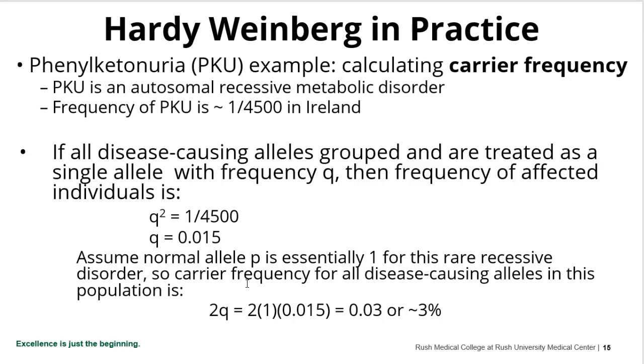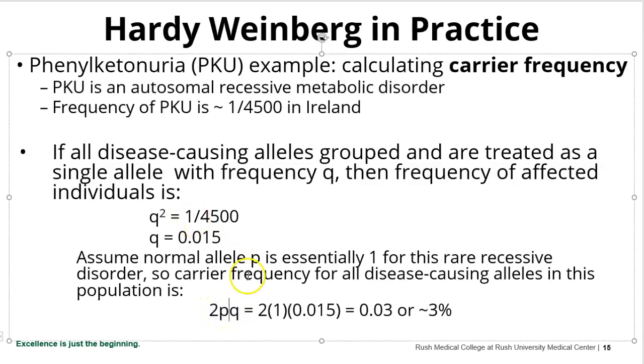So just say, okay, I calculated q, 0.015, and p is 1. So 2pq is, let's put this p in here, 2 times 1 times 0.015, or about 3%.